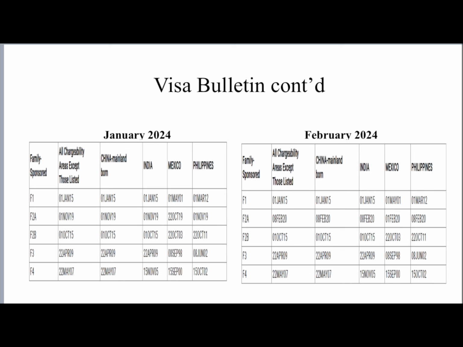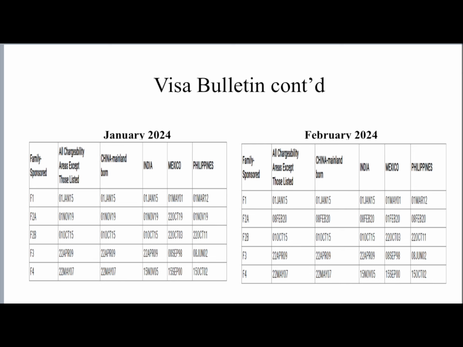F2B saw a little movement from the 22nd of September 2015 to the 1st of October 2015. So that's 10 days or 9 days worth of movement for the F2B category.